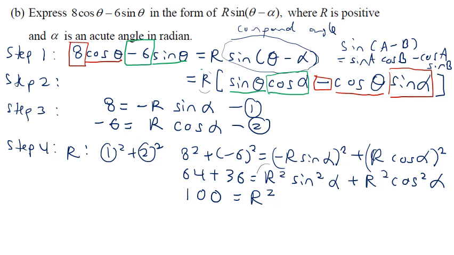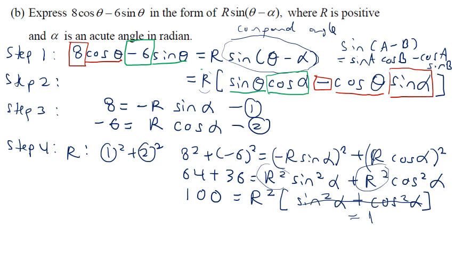So we notice that r squared here is similar terms here, so we can factorize. So inside here we have sine squared alpha plus cos squared alpha. And also we notice that sine squared plus cos squared here is actually an identity, which is equals to 1. So we can cancel out this one, and it is equivalent to 1.